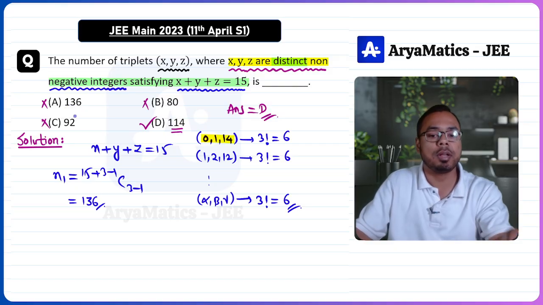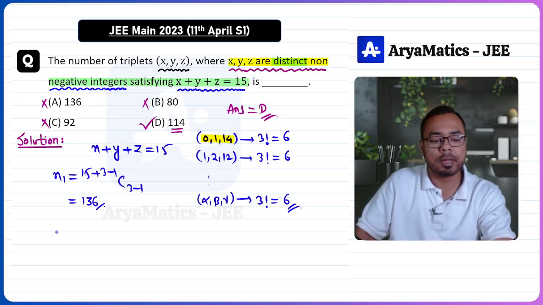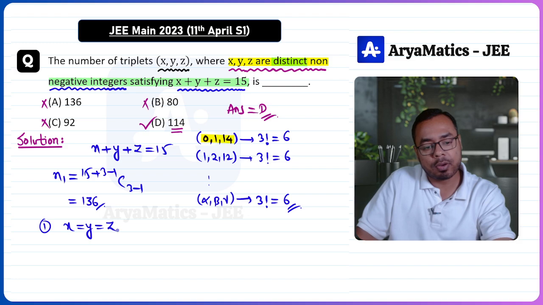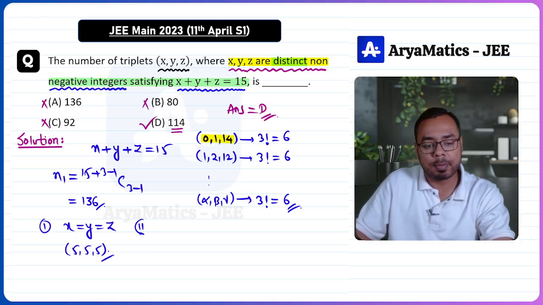Remember, we need only those solutions in which x, y, z are distinct. So now there are two cases which we have to remove. One case is where all three variables are the same. If x, y, z are all equal and x plus y plus z is 15, there will be only one case: x, y, and z are all 5, 5, and 5.